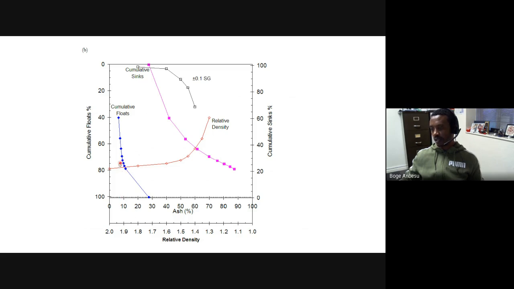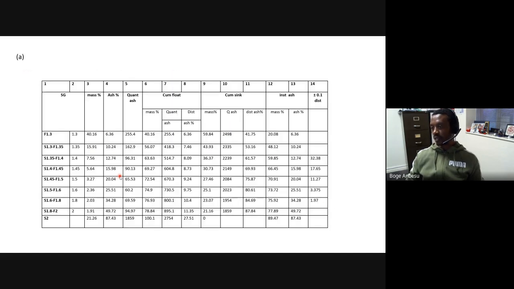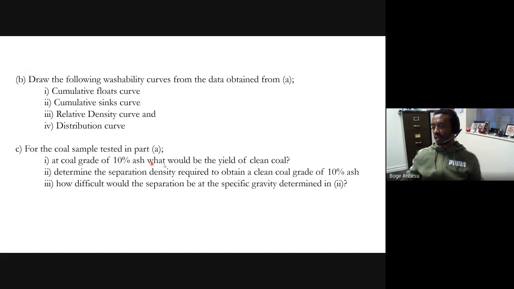From that, the corresponding yield will be this number here. So it's close to maybe 70% or somewhere around there. The next question is, 10% ash gives you about 70%, let's say roughly, determine the specific gravity required for that.